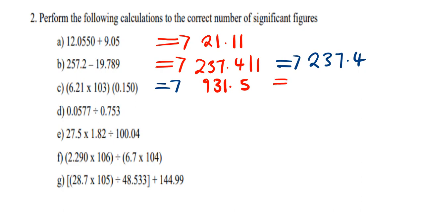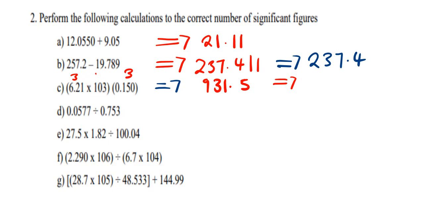Because we are multiplying these two expressions, we are considering the number of significant figures. Look at this expression. How many significant figures does it have? It has 3 significant figures. How many does this one have?